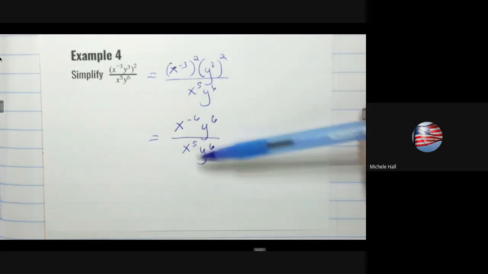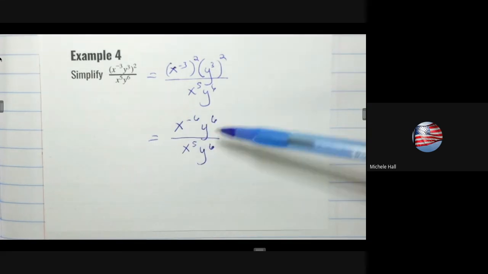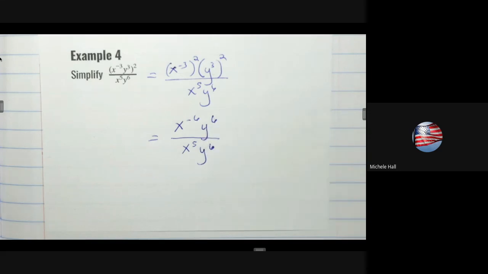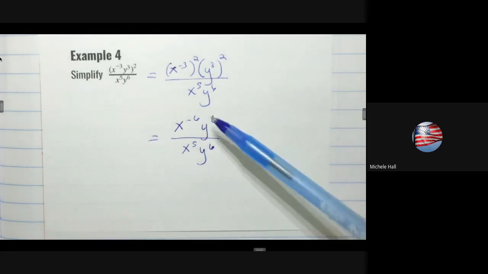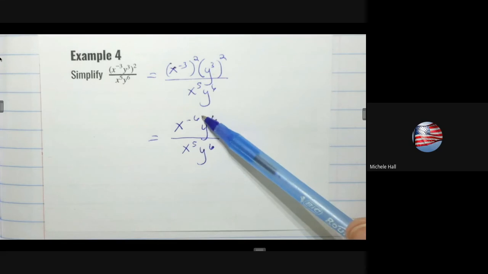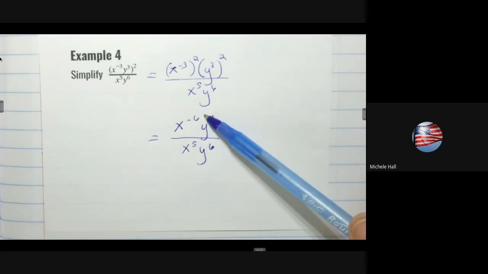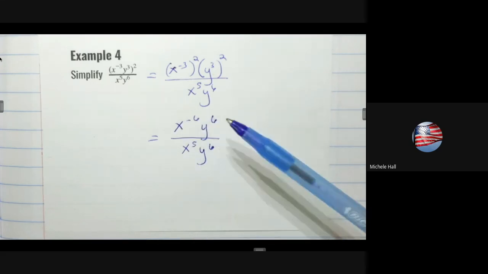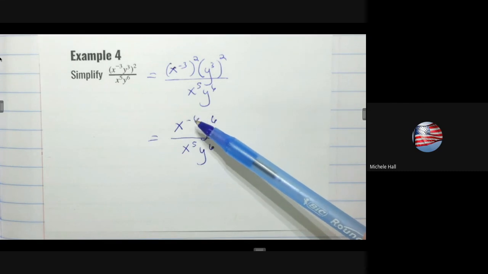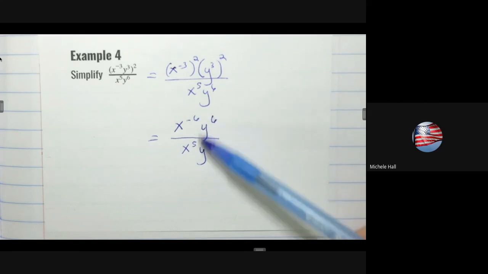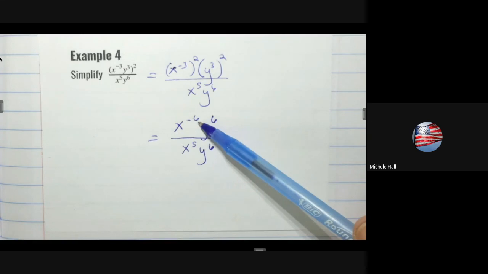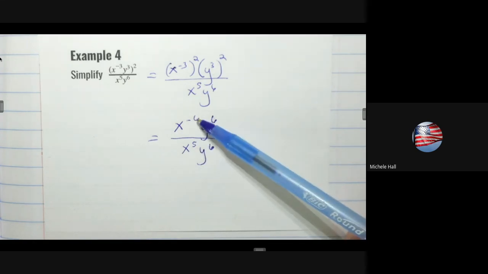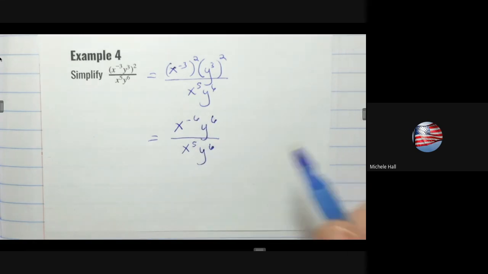All right, so we have some x terms to combine together, and we have some y terms to combine together. If I move my 5 to the numerator, that's going to be negative 5, and that means I'll have a negative exponent. The rule of thumb is that you bring the smaller exponent to the larger exponent. Negative 6 is smaller than 5. I'm going to bring x to the negative 6 into the denominator.